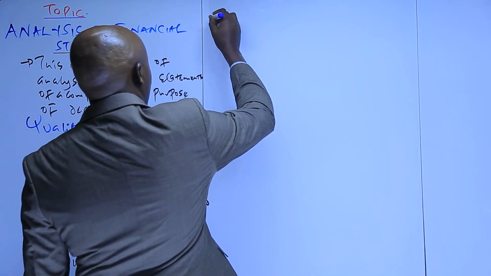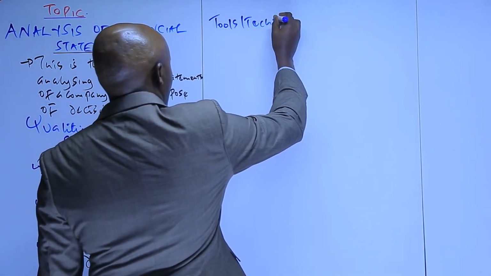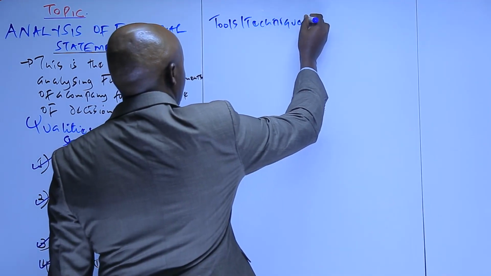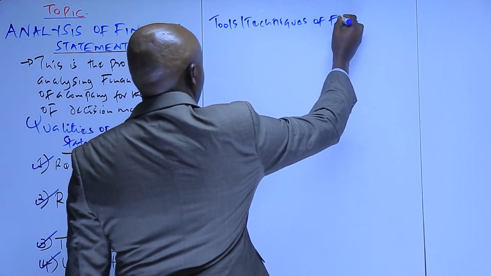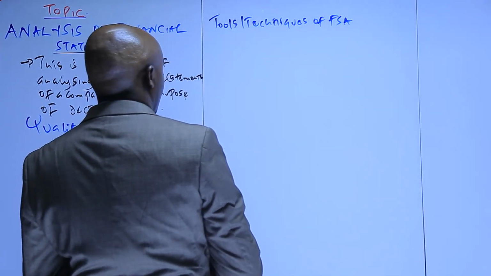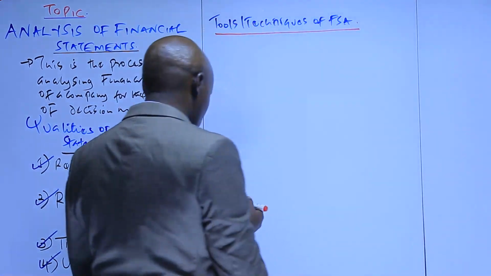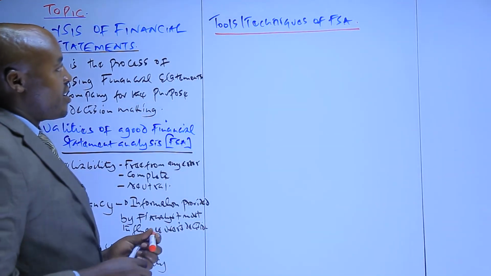So therefore, we can look at the tools or techniques of FSA. We have said this is financial statement analysis, and actually this is the same as the analysis of financial statements.